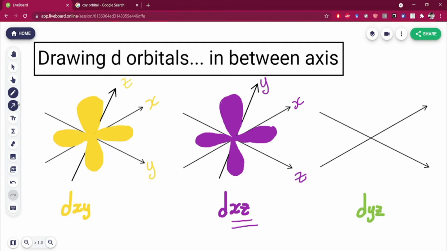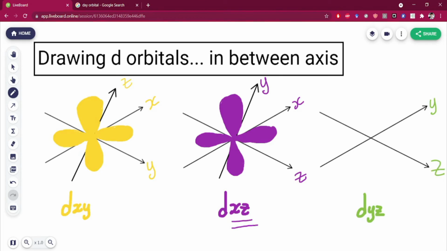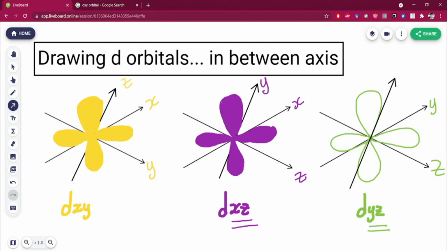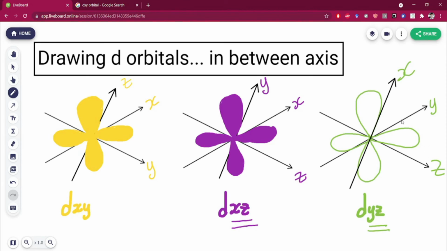And finally, for dyz, you put y and z right there. Since you have dyz, put your lobes, one in between, and then another one in between like this. Then you're going to put your arrow. This is going to be the x-axis. Okay, x, y, z.